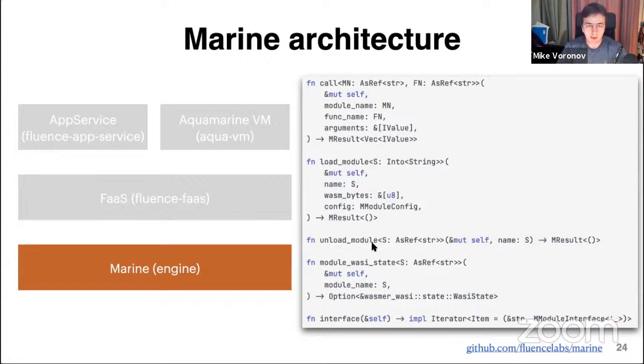Also, you can load and unload modules, and in the config you can specify all the settings you previously saw on the slide devoted to service settings. Also, you can obtain the interface of a module, all the functions it exports and imports it has, and also obtain its WASI state.